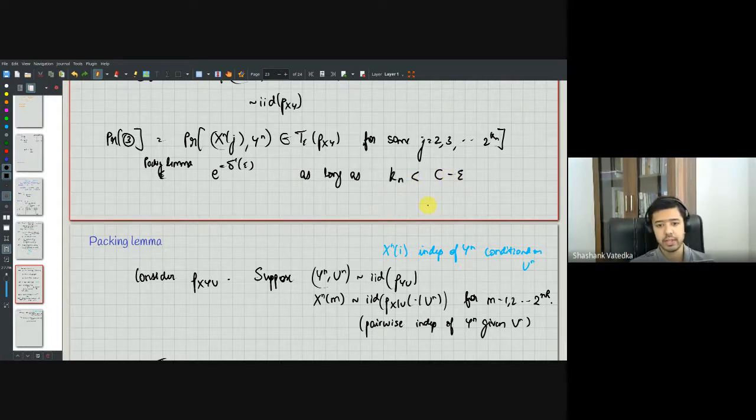So as long as this happens, this probability is vanishingly small in n times delta of epsilon.